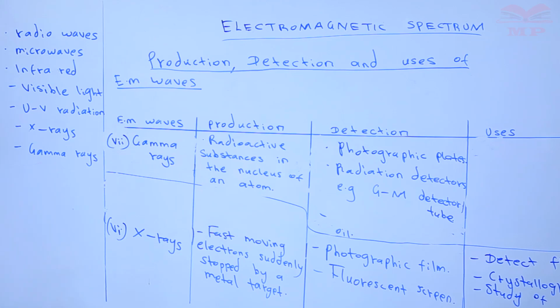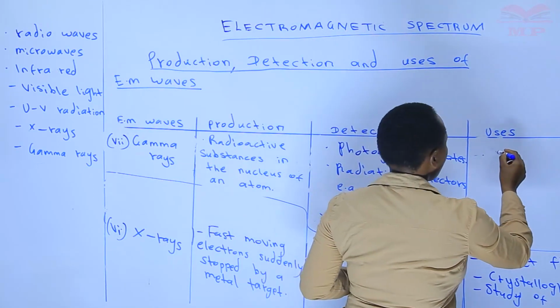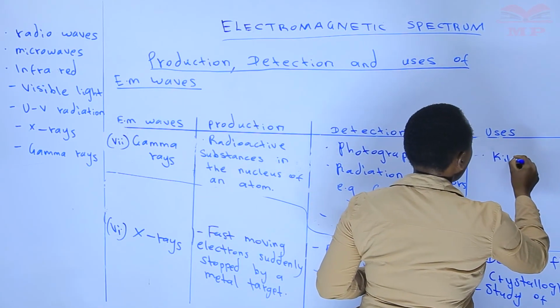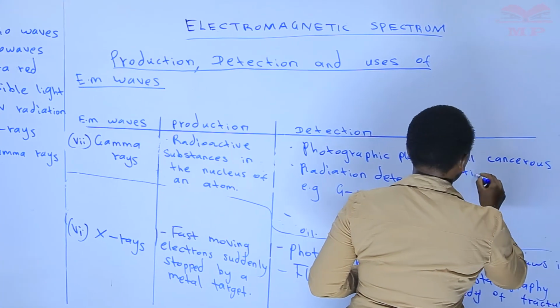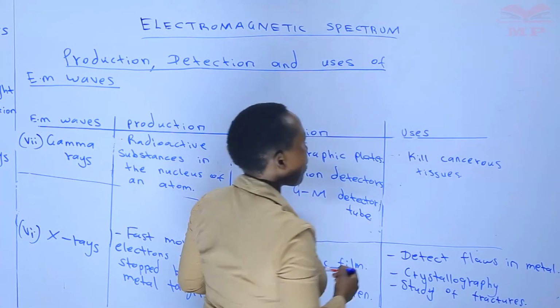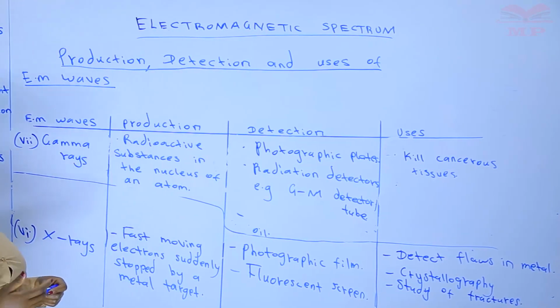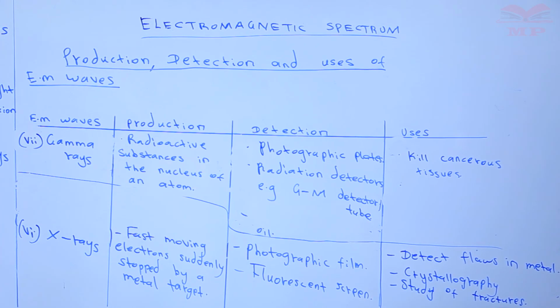Then how are they used? One, they are used to kill cancerous cells, or cancerous tissues. So in medicine, we can use the gamma rays in the treatment of cancer because they can destroy the cancerous tissues.